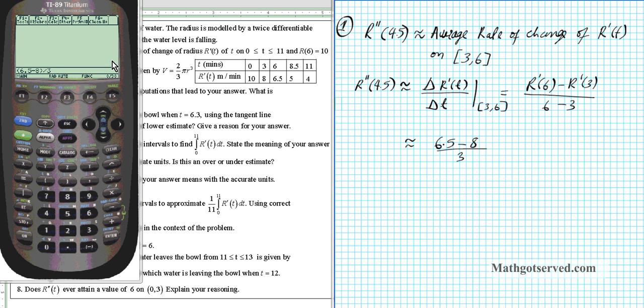I'm going to be making use of a TI-89 Titanium calculator for this section. 6.5 minus 8 over 3, the answer is negative 0.5 or negative 1/2. So it's approximately negative 0.5. This is the approximation of the instantaneous rate of change of the radius at t equals 4.5.